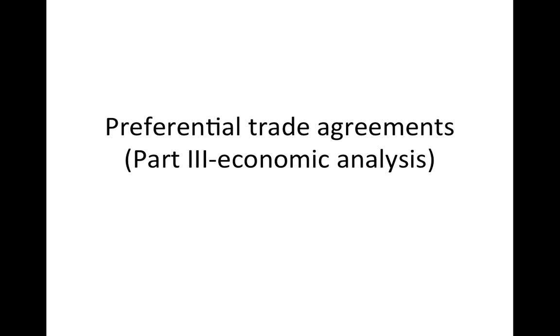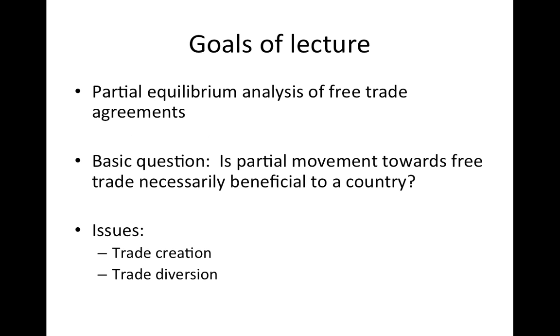We've taken a look at some of the GATT rules and U.S. policies concerning free trade agreements, but I want to take a look now at the economic analysis of preferential trade agreements. So we're going to be looking at an FTA per se rather than a customs union. We're going to be doing this in the context of a partial equilibrium analysis.